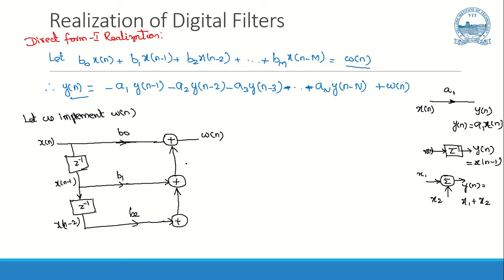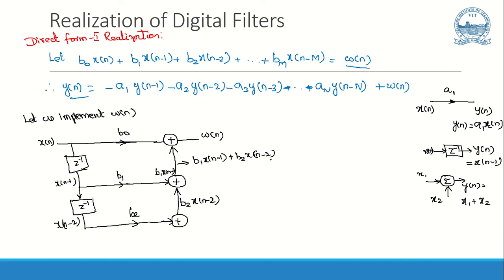So what I'll be having here is b2 x of n minus 2, and here I'll be having b1 x of n minus 1. So at this point I'll be having b1 x of n minus 1 plus b2 x of n minus 2, like this.